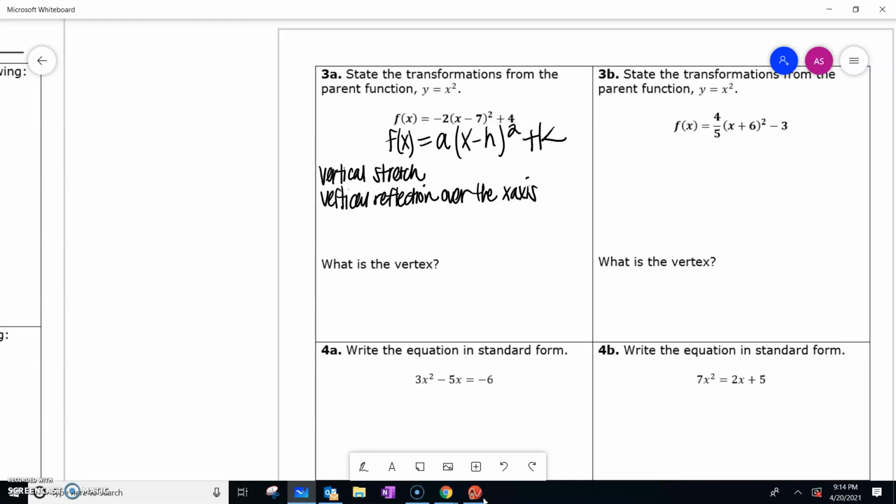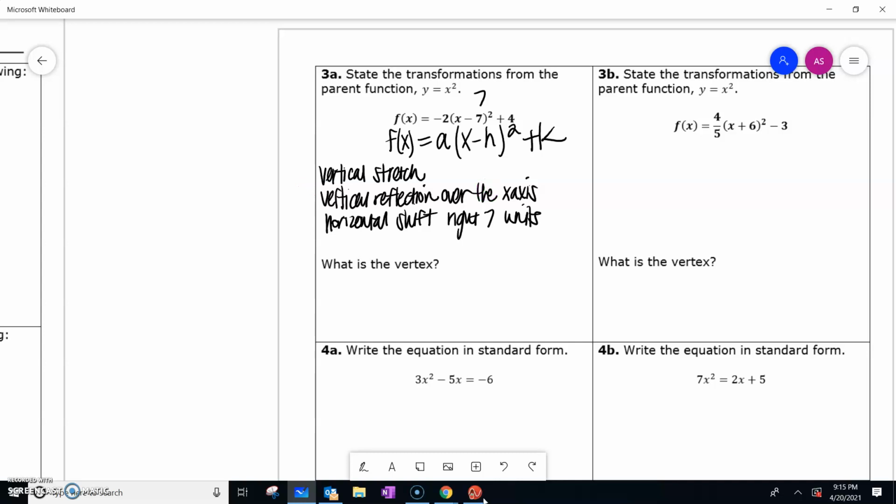So my H value is actually positive 7. When you see it like this, it means that it's going to go 7 units to the right. So that's going to be a horizontal shift right 7 units.